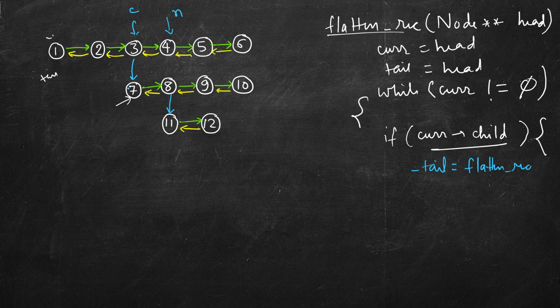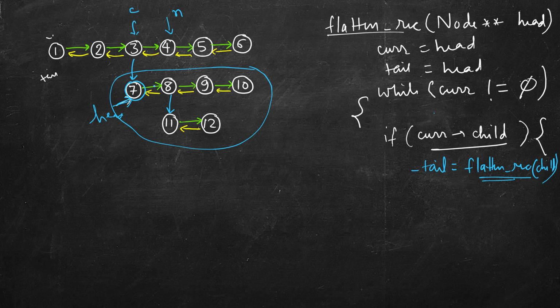This child is 7 and this is a multi-layered doubly linked list in itself, and this is the head for this new list. So we will call flatten rec on child. You can store a child here or you can pass current.child. So this should return the tail, the last node, so that we can make its next point to this.